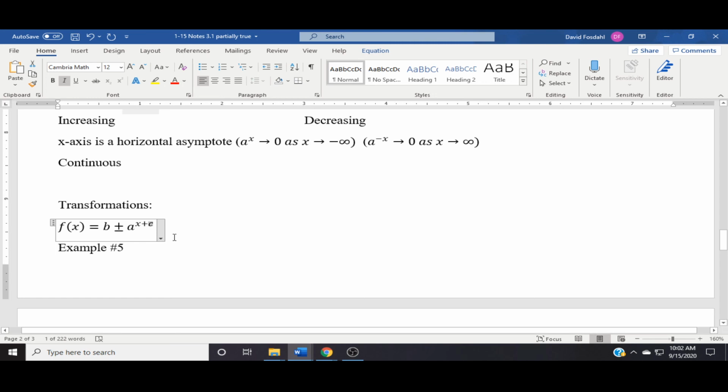C is going to be a horizontal shift. This is going to be a reflection over the y-axis, and actually a reflection over the x-axis. This is going to be a vertical stretch or shrink. And then technically, if you have something in front of cx, it's going to be horizontal.